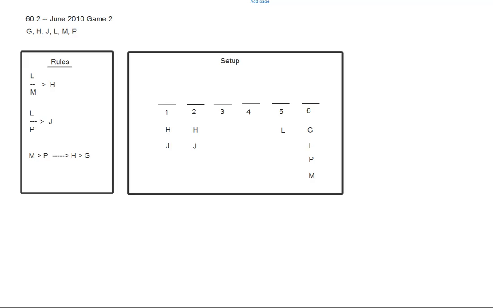So what you can do when you're doing this is just take each of the rules, go through the answer choices, and get rid of any answer choices that violate that rule, then take the next rule, get rid of any answer choices that violate that rule, and so on.